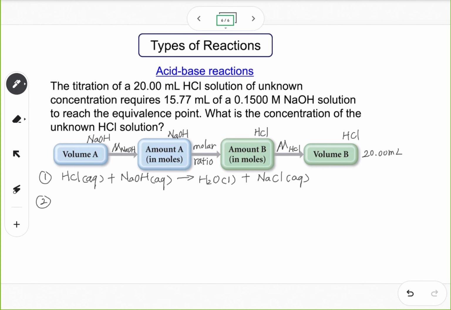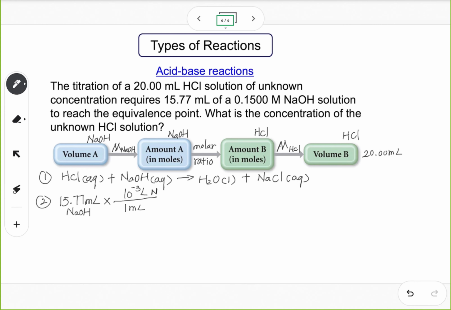And here, this is the calculation equation we need. It's going to be 15.77 ml, of course convert this to liters, 1 ml is 10 to the negative 3 liter. This is going to be sodium hydroxide.